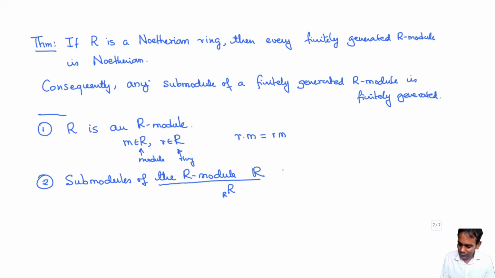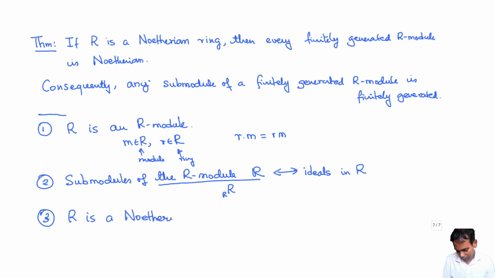Submodules of the R module correspond to ideals in R. Here we are working with commutative rings, so all ideals are two-sided ideals. And so R being a Noetherian ring is the same as R as a left R module being a Noetherian R module.